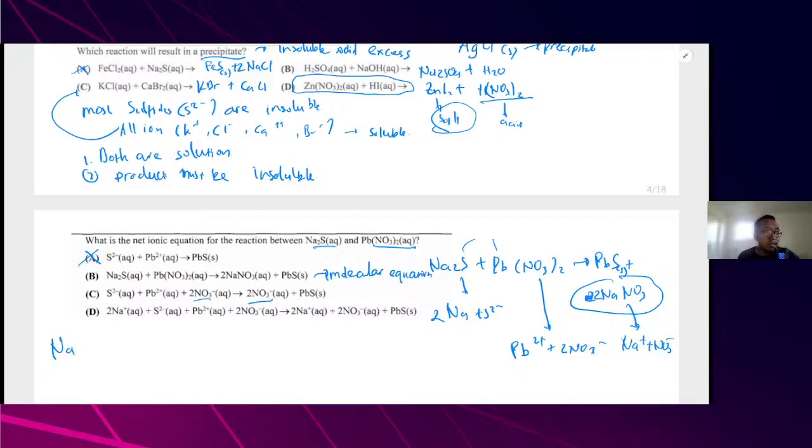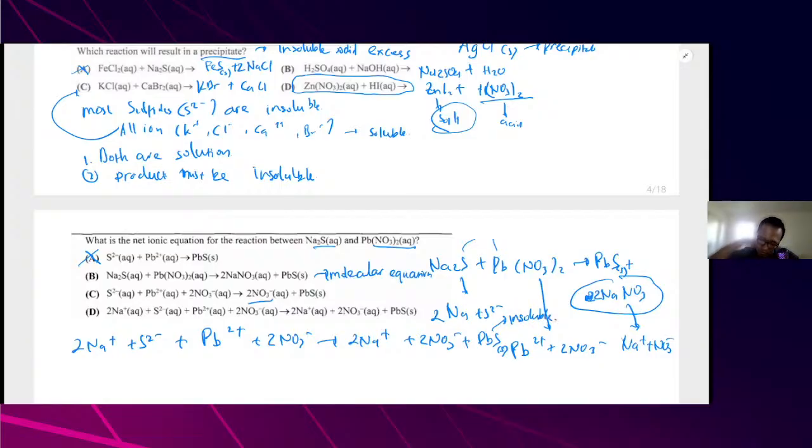We break down the equation and end up with 2Na plus, plus S2 minus, plus Pb2 plus, plus 2NO3 minus, and then 2Na plus, plus 2NO3 minus, plus PbS. Why PbS? Because PbS is in the solid form. This one is insoluble.